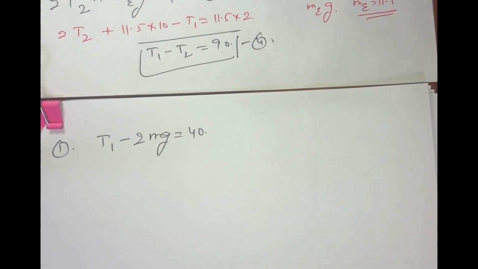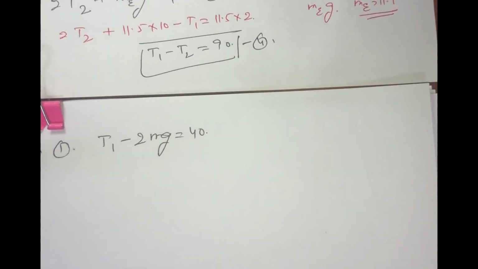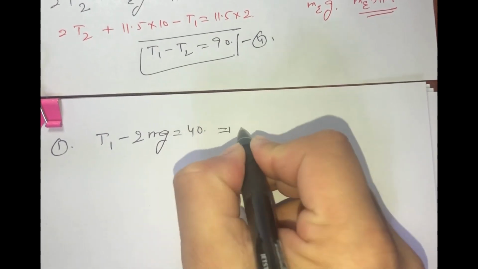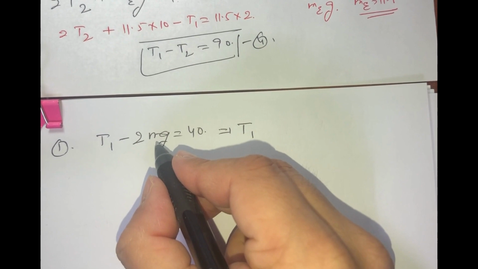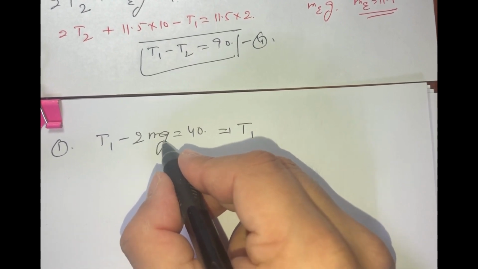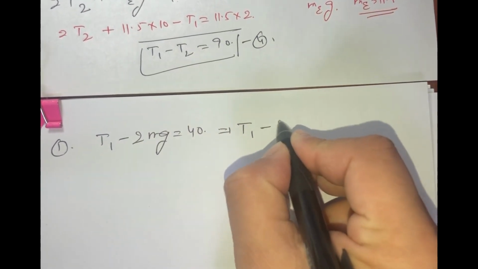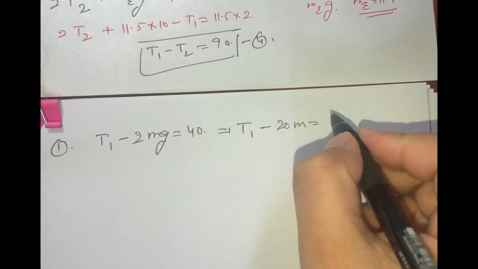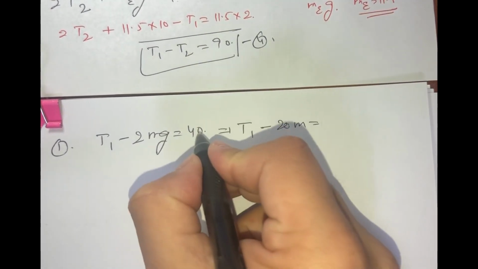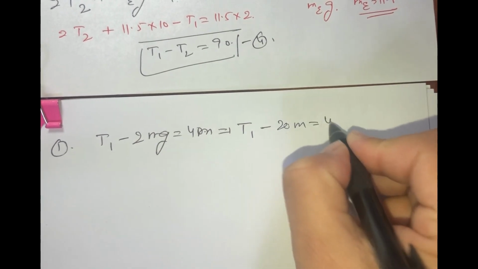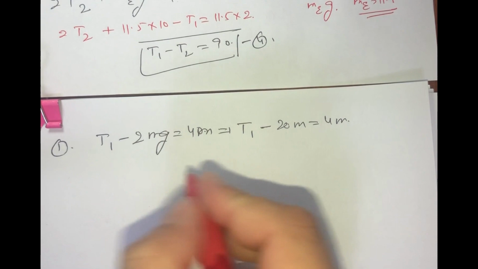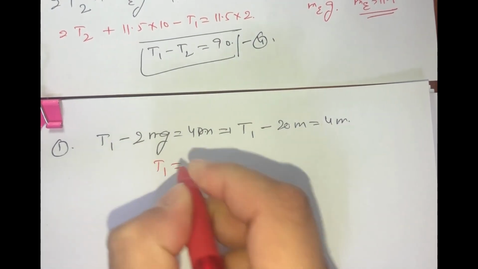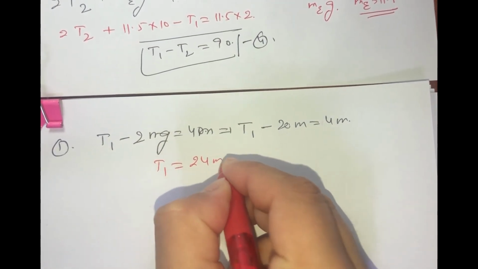We substitute the value of g, which is 10, so this comes as T1 minus 20m is equal to 4m. So from here we get the equation as T1 is equal to 24m.